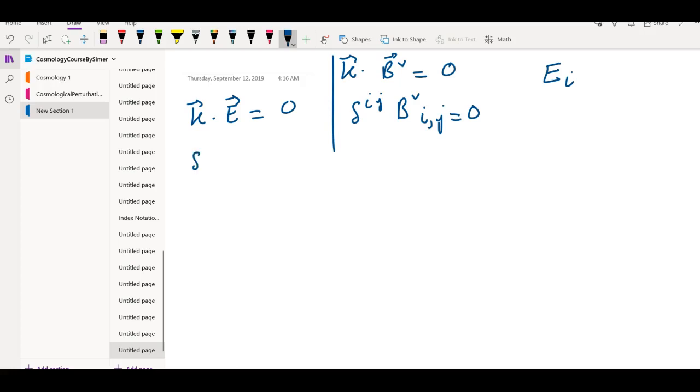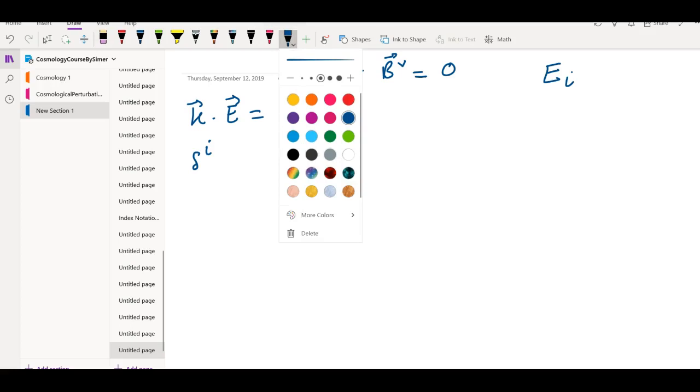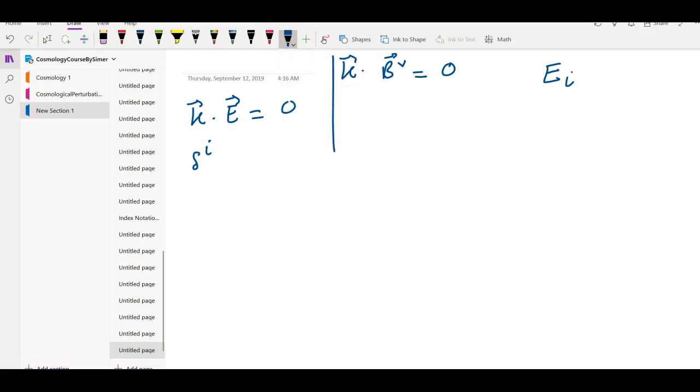In other words, delta... I'm missing something here. One second. This means that k dot B_v is equal to 0.